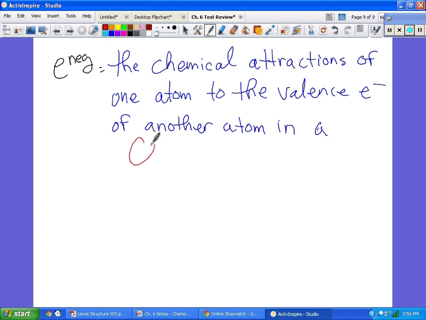Are you gonna ask us on the test what's the most electronegative? Potentially. It's the biggest bully. Okay. So electronegativity, ENEG, what is the definition? It's the chemical attraction of one atom to the valence electrons of another atom, and the key here is in a chemical bond. Okay? And what do I mean by that?